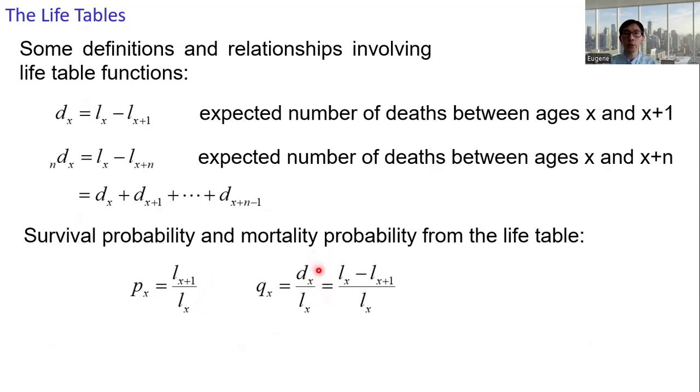So we can express qx as lx minus l(x+1) all over lx. From that, we can also get an expression for tpx, which is l(x+t) over lx. And tqx is t dx over lx, which is lx minus l(x+t) over lx.